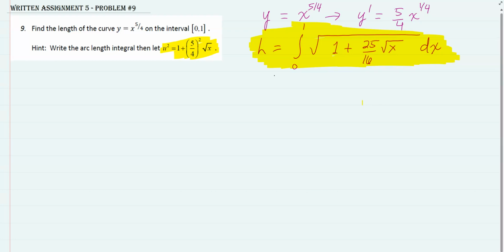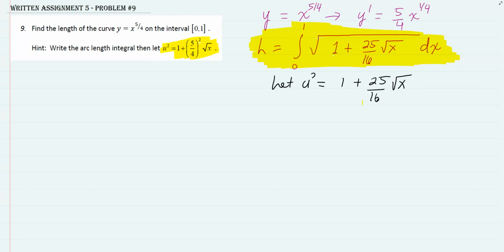Well, so then we say let u squared be 1 plus 25 over 16 square root of x. Okay, if that is the case, then we want to know what dx is so we can do the substitution, because the square root of u squared will give you u, right?